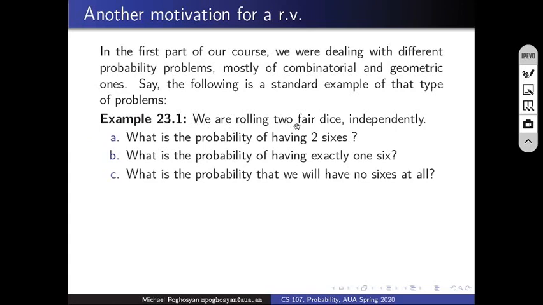We are rolling two fair dice independently, and we are asked to calculate the probability that we will have exactly two sixes. Or what is the probability that we will have exactly one 6? Or what is the probability that we will have no 6s at all?